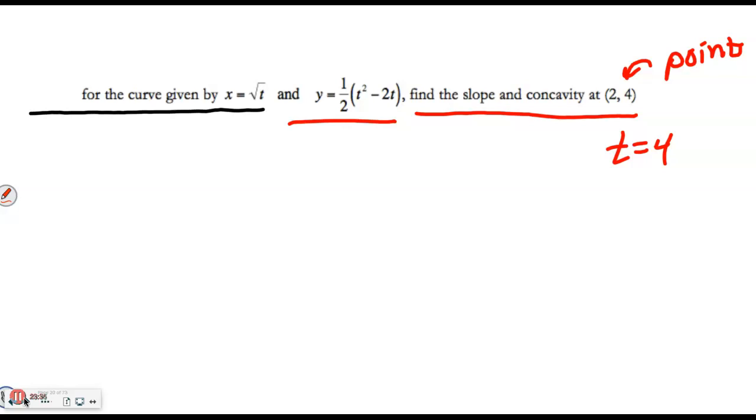So it says find the slope. So first thing up is dy dx. You guys go do it without looking up here. I just don't, you have to wait for me to write it, so I'm going to get it started.